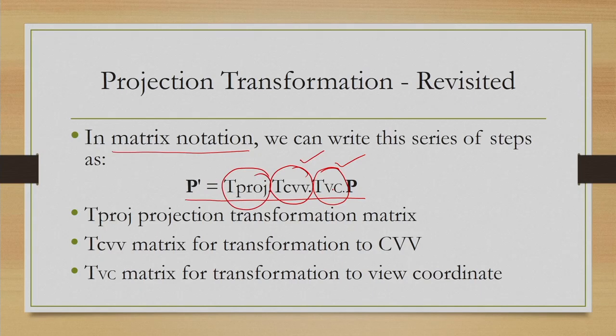Since we are applying them in sequence, we are following the right to left rule. So, first transformation to view coordinate system, then transformation to canonical view volume, and then transformation to view plane through projection. So, that is the idea of performing projection on the view plane.